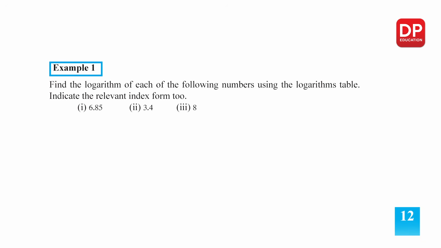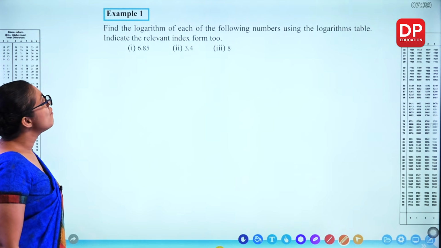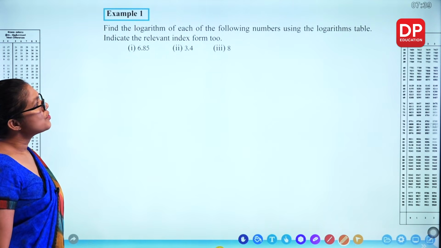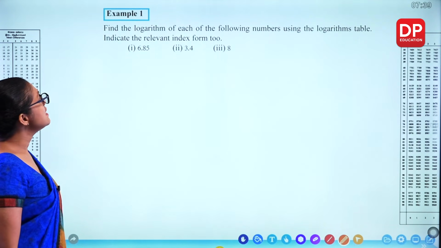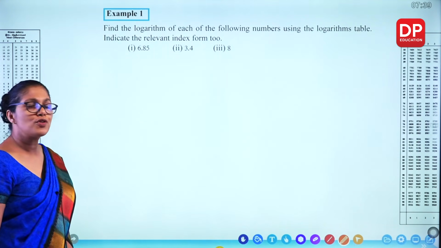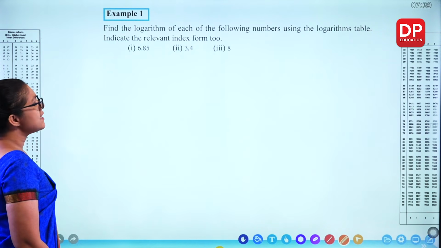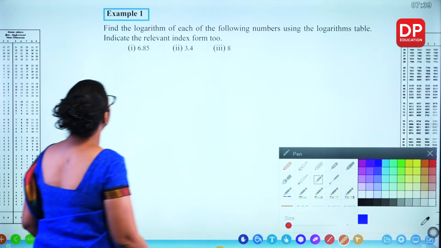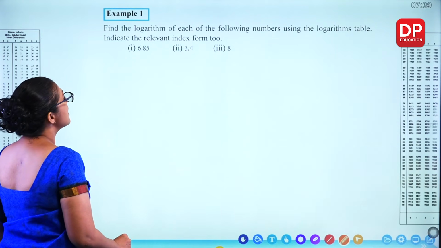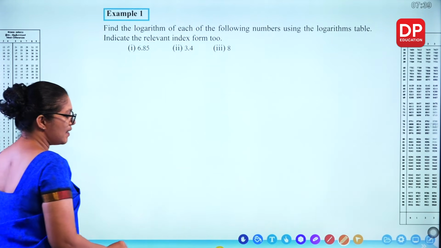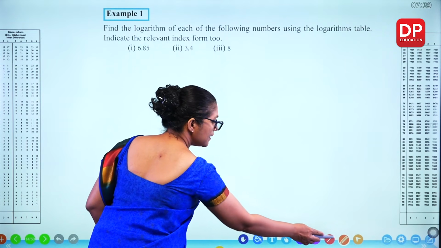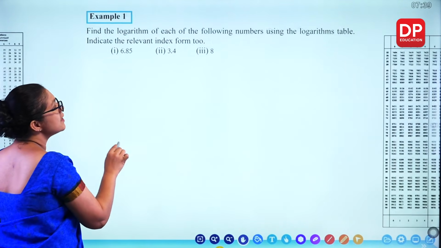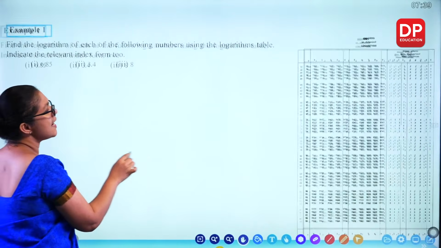We'll look at example 1 in your textbook. Find the logarithm value of each of the following numbers using the logarithms table. Indicate the relevant index form too. 6.85. So this is a normal log value. 6.85 you can refer to the table as 68.5.